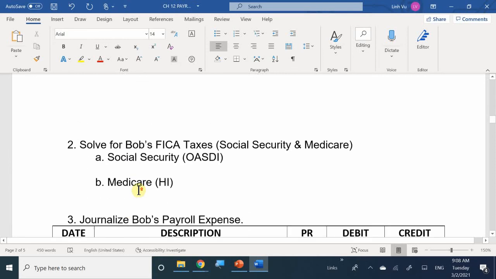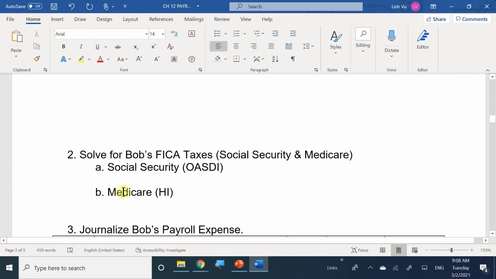Okay. So now we've got to calculate his Social Security and his Medicare. So how much did he make? Okay. How much is Social Security? What percentage? 0.062. All right. So how much is that? $87.05.